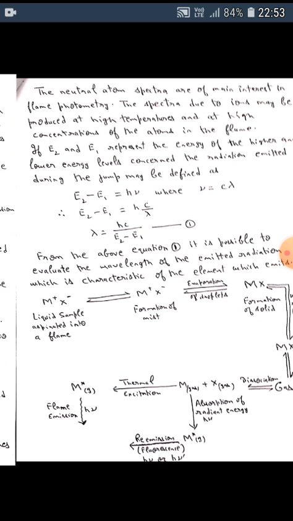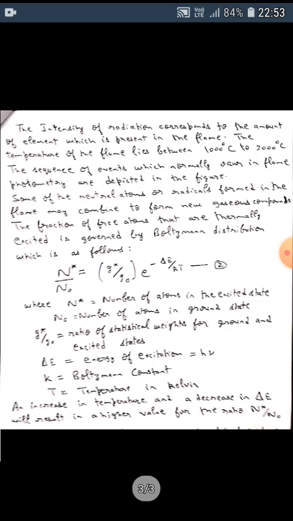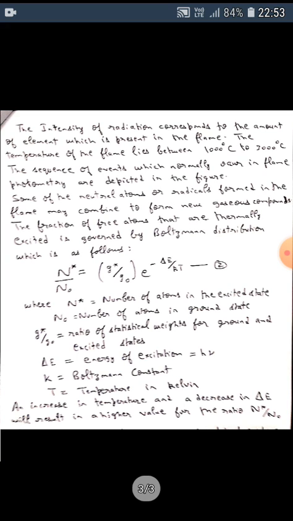The solid undergoes vaporization and forms MX gas, which dissociates into individual constituents, and on thermal excitation becomes an ion. The temperature of the flame usually lies between 1000 degrees centigrade and 3000 degrees centigrade. The sequence of events shown in the figure normally occurs in flame photometry.